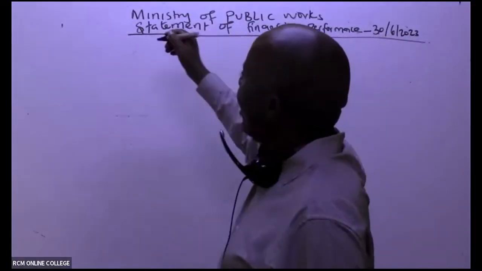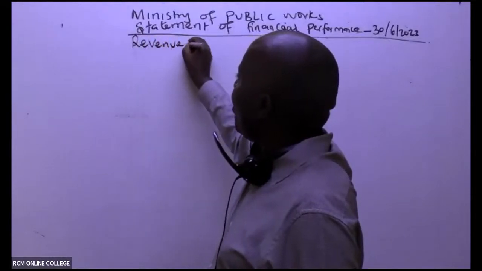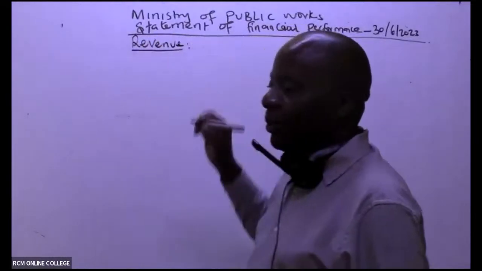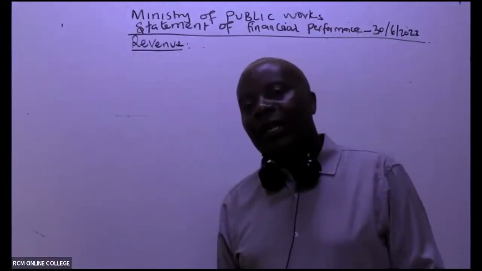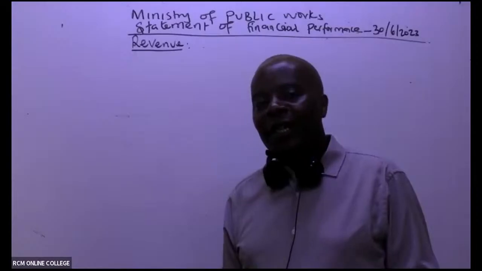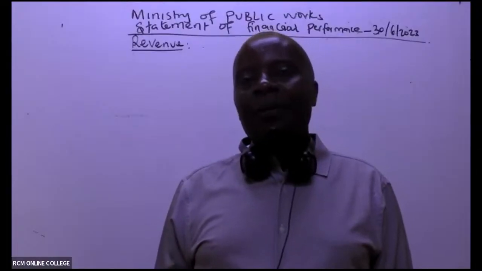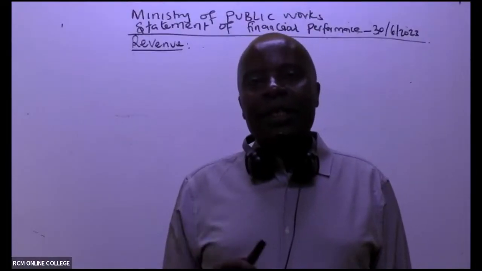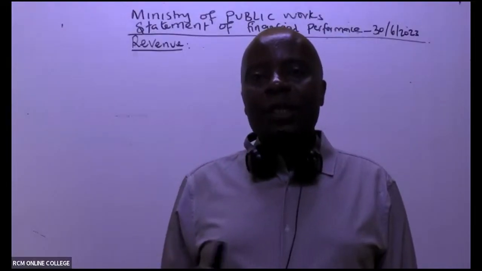Now, ladies and gentlemen, we get started with revenues raised by this Ministry of Public Works. Could you kindly give me examples of the revenues you expect this kind of ministry to get? Remember, these are public sector entities that are out there to offer essential services.